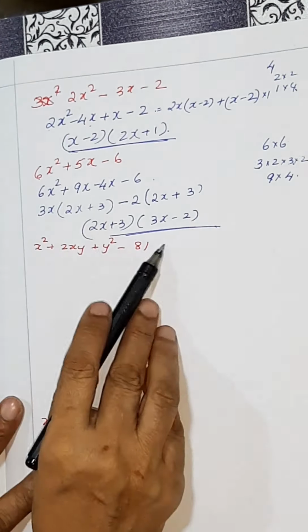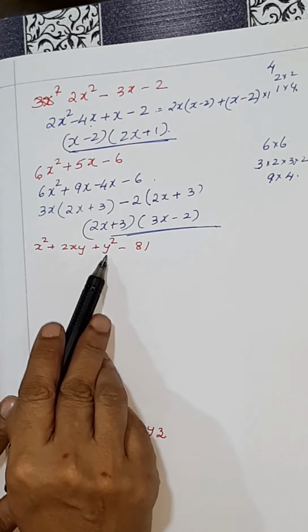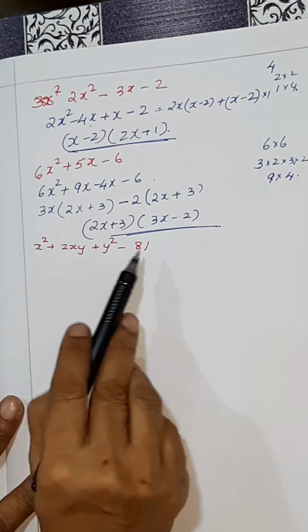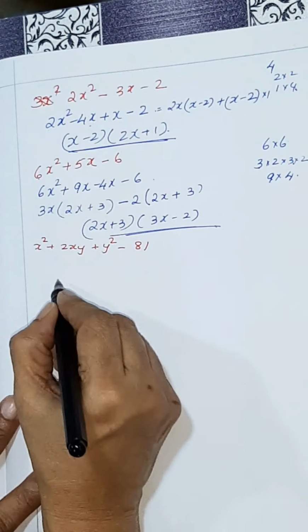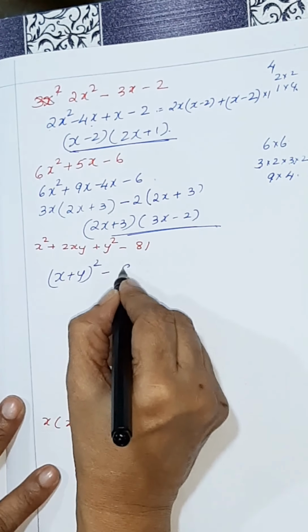Now here you have 4 terms, and if you see this, again this is of the format a squared minus 2ab plus b squared, and this is again a perfect square. So what we can write is x plus y the whole squared minus 9 squared.